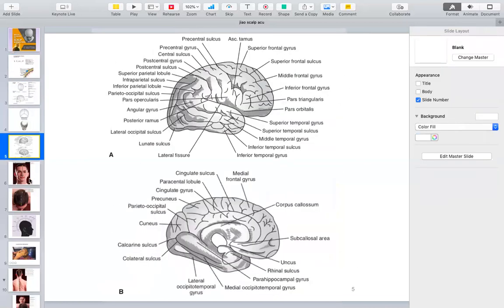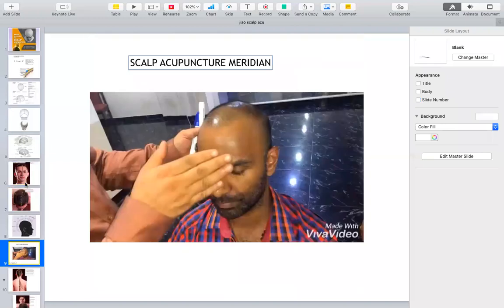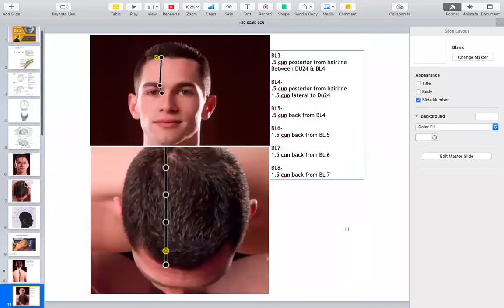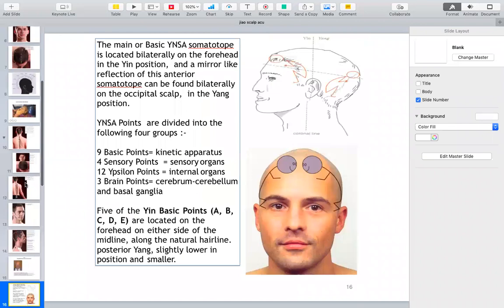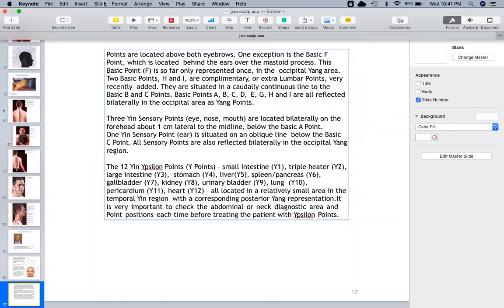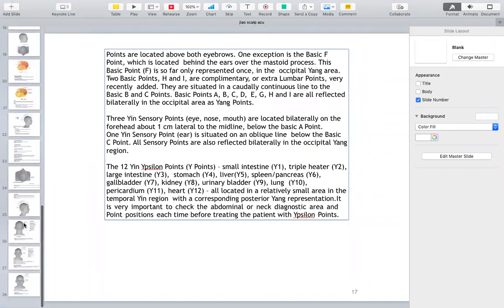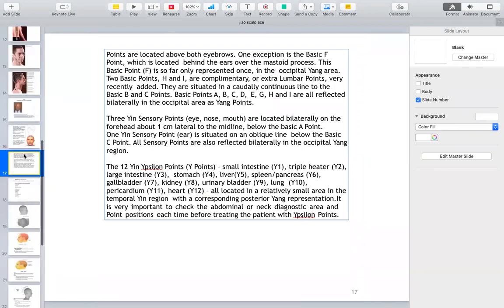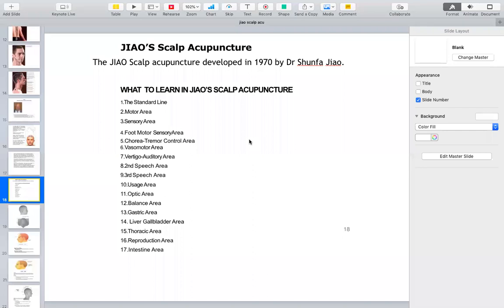Now, after that, we are coming directly to our Dr. Jiao scalp acupuncture topic. In Dr. Jiao scalp acupuncture, we have to discuss these 17 points.